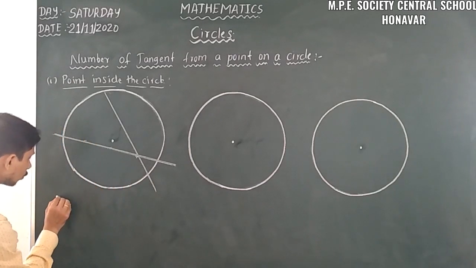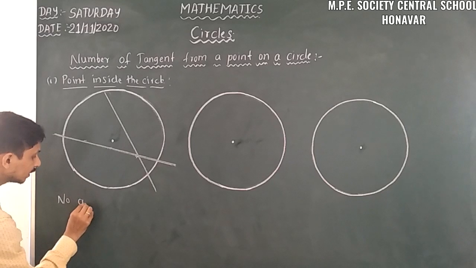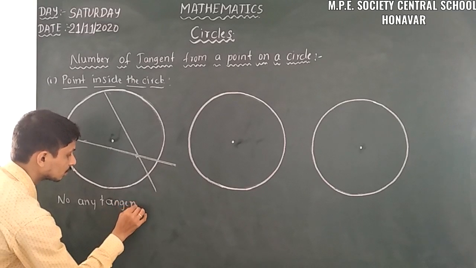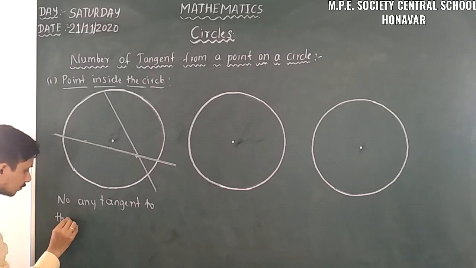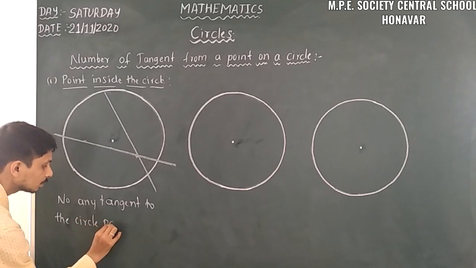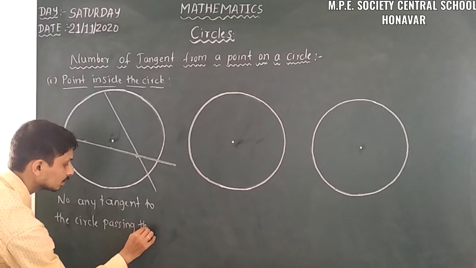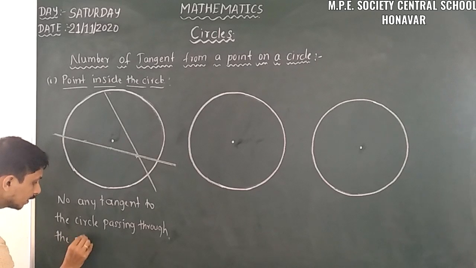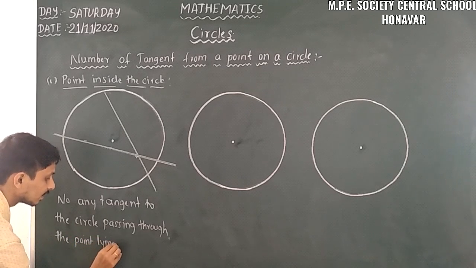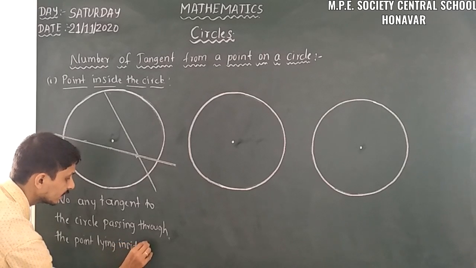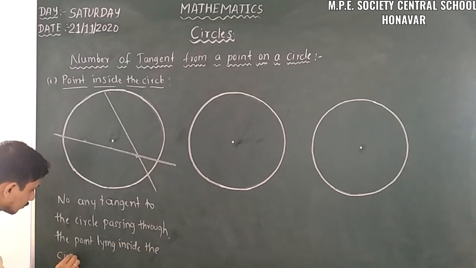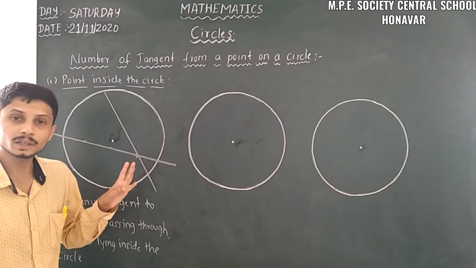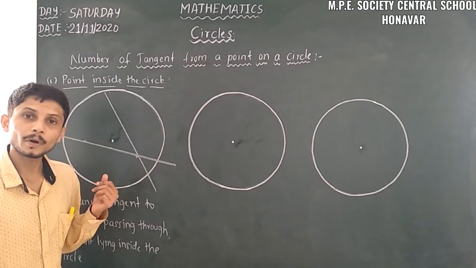So, no tangent to the circle passes through a point lying inside the circle. In the first case the point is inside the circle, so no tangent can be drawn.